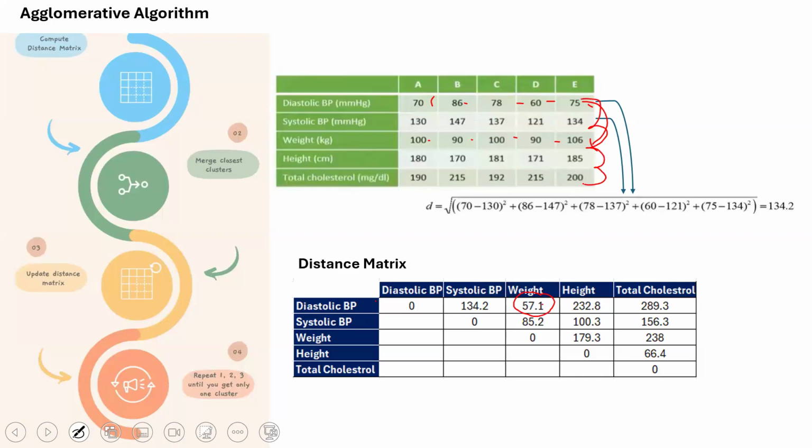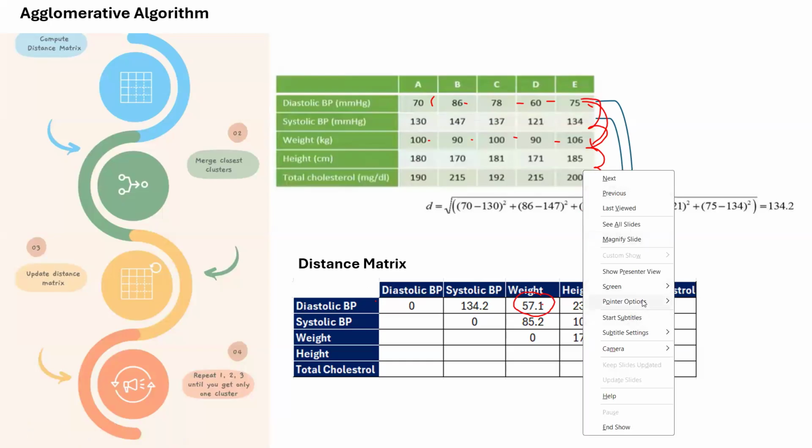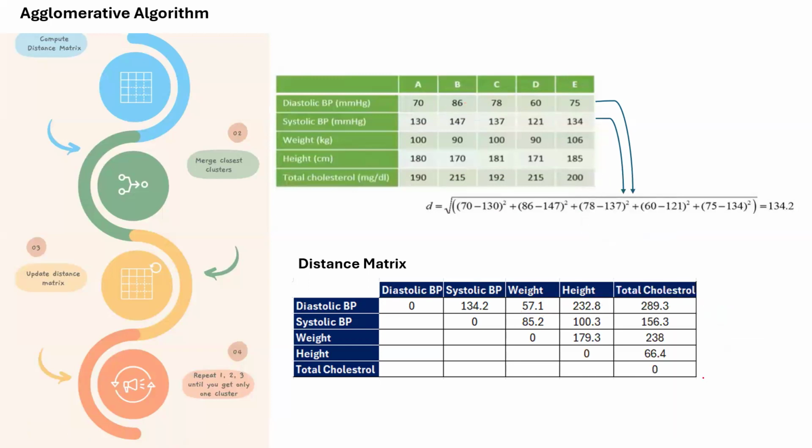From systolic BP, you don't really need to calculate the reverse way, right? Calculating the distance from diastolic BP to systolic BP is the same as calculating the distance from systolic BP to diastolic BP. That's the reason you see all these values are blank.